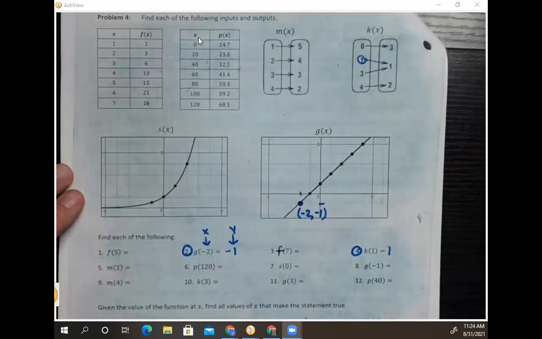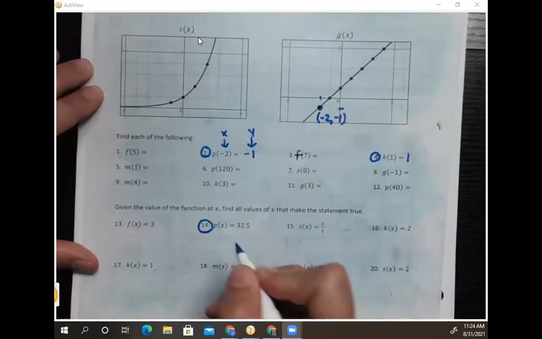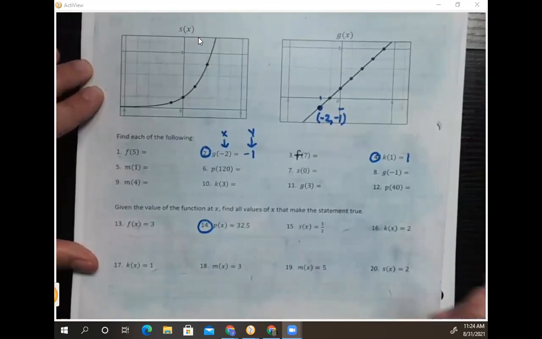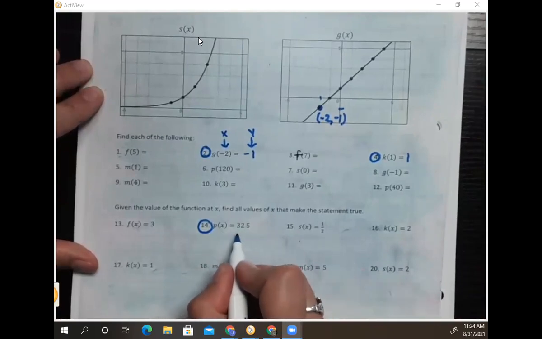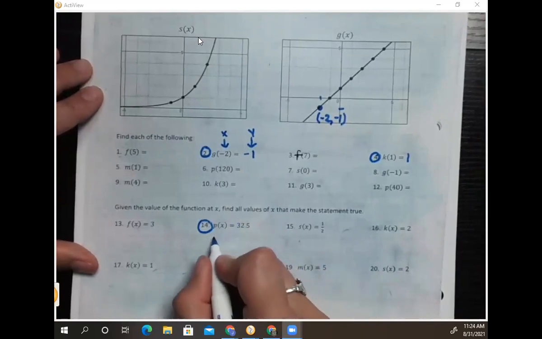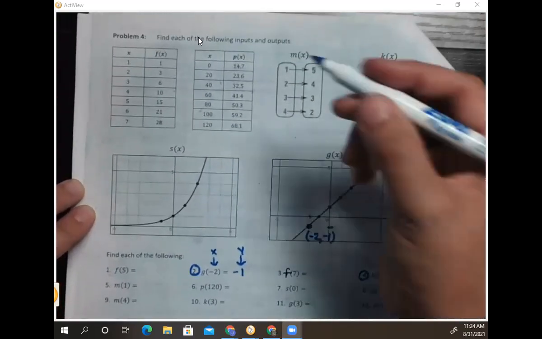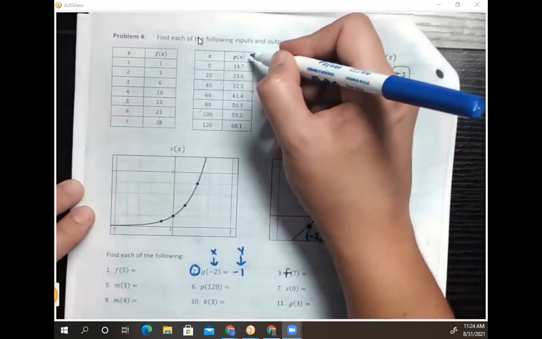Now let's look at one more. Number 14, down towards the bottom. P of x equals 32.5. This time I've given you the output. I want to know the input. What's the input that I'm missing here? So I'm going to go to P of x. That's this second table here.